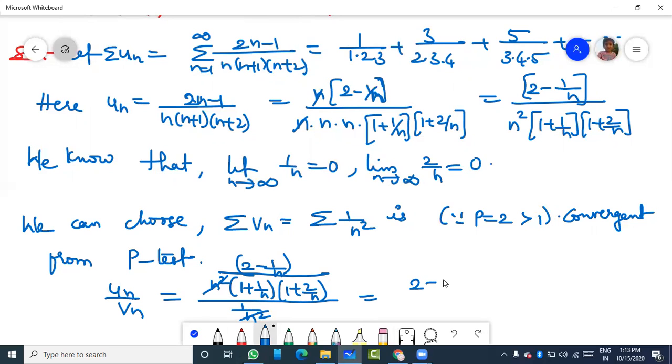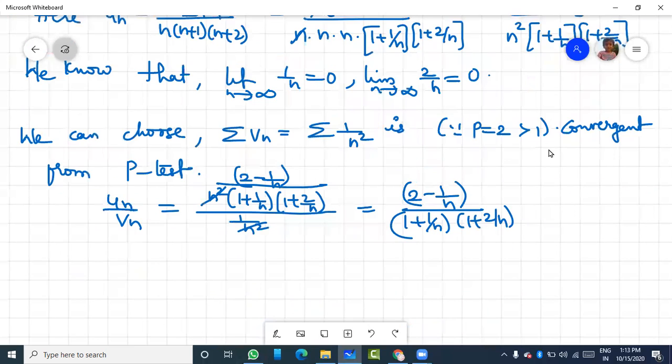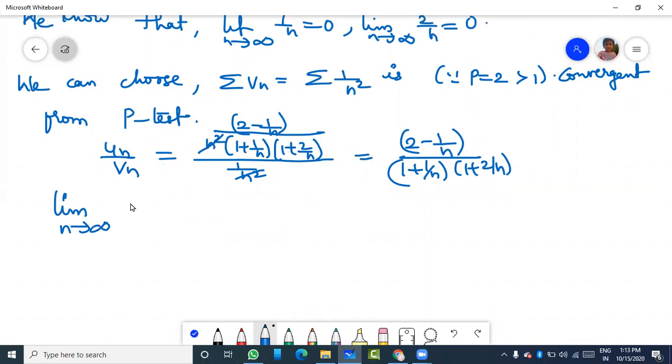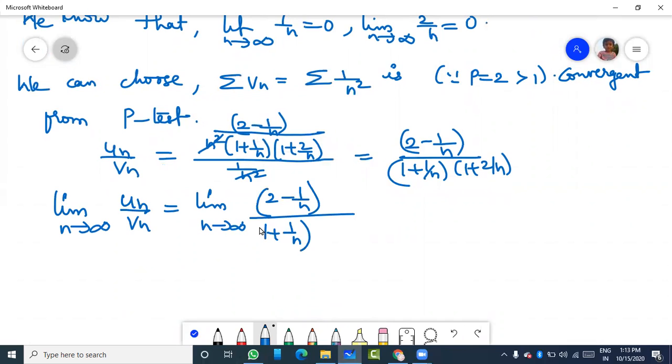We are getting (2 minus 1 by n) whole by (1 plus 1 by n) into (1 plus 2 by n). This is the ratio of un and vn series. Then limit n tends to infinity un by vn is equal to limit n tends to infinity (2 minus 1 by n) by (1 plus 1 by n) into (1 plus 2 by n).